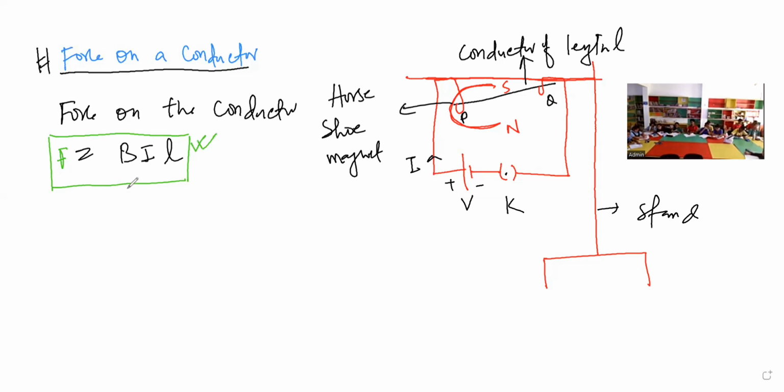Which means if you want to increase the force on the conductor, we need to increase the magnetic field, current and length, either one or all three. Then the force will be stronger. If you want to reduce it, we need to reduce any of the three, and that way the force will reduce.